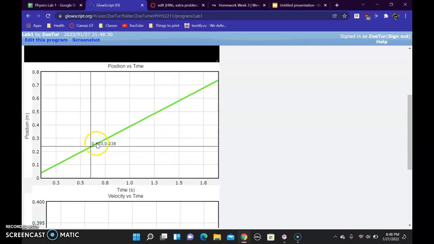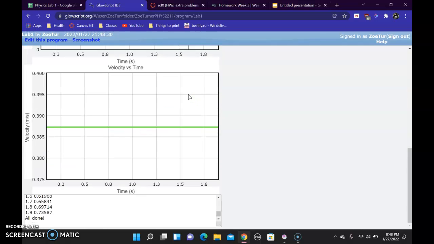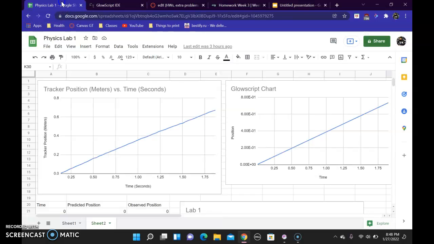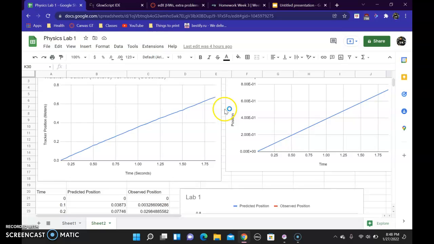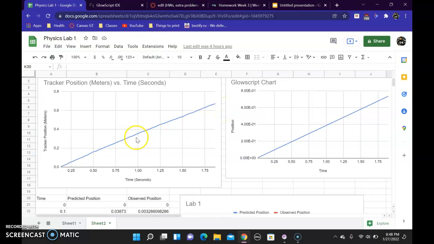And as we see in this chart, everything is constant, and the velocity is constant. This is because we only use one velocity. Now, when we look at the two graphs separately, we can see that it's almost exactly the same. The only difference is in our observed position, that at some point the speed slows down or speeds up.